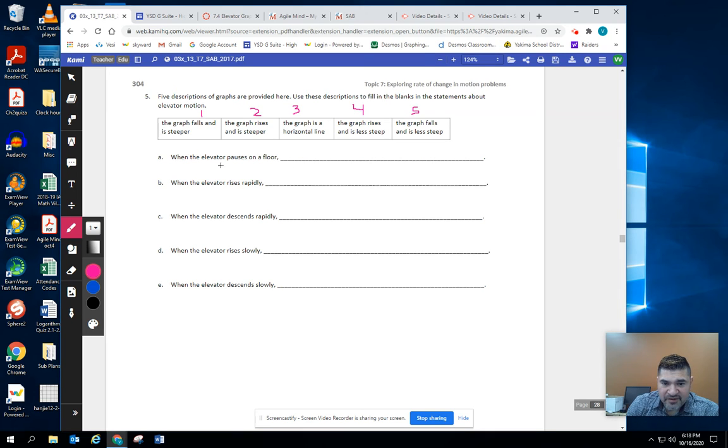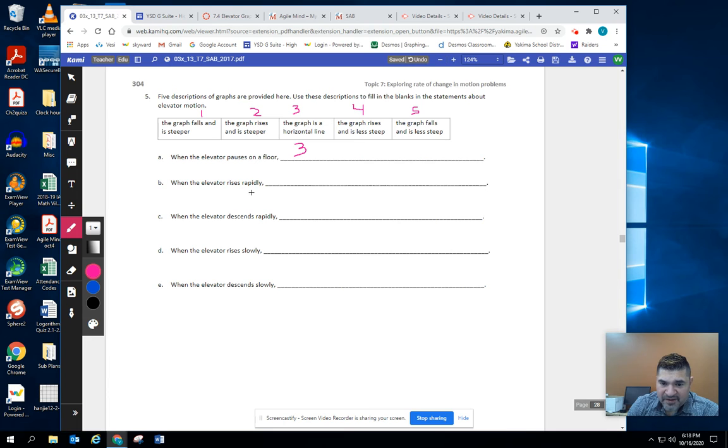When the elevator pauses on a floor, what is happening here? Pick 1, 2, 3, 4, or 5. What is the graph doing? The answer should be number 3. The graph is a horizontal line. It's not moving.